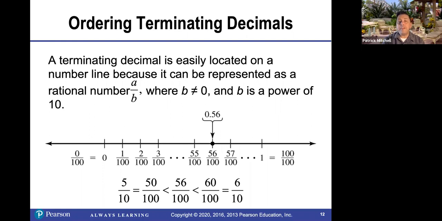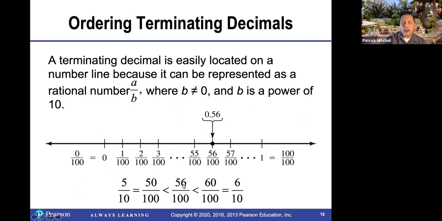So for example, the number 56 hundredths can be found by dividing the interval between 0 and 1 into hundredths, and then just counting 56 hundredths of the way over, all right? If you were to actually do this, those little intervals would probably be much, much smaller than this. Notice they skipped a bunch of them, all right? But it can, at least theoretically, be easily done.